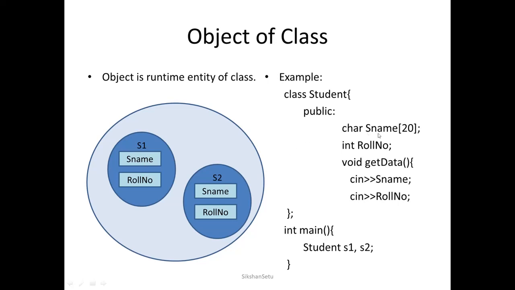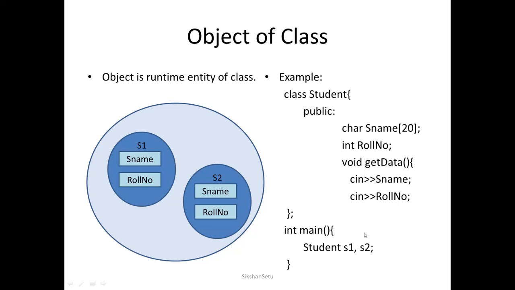Because we have two data members, one is s name and another one is roll number. So in s1 there are two data members, so two boxes. The size of this s name will be 20 bytes. Why 20 bytes? Because s name is of character type and a character occupies 1 byte, but there are 20 characters, so that is 20 bytes. And roll number is of 2 bytes, so 20 and 2, this is 22. So s1 occupies 22 bytes.